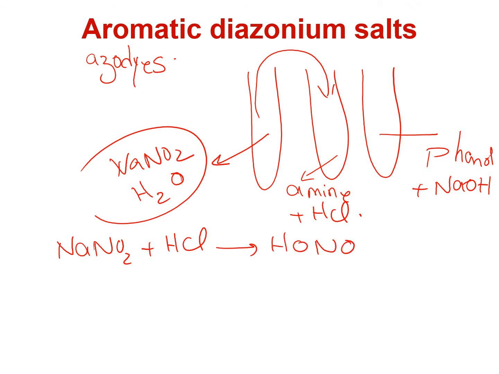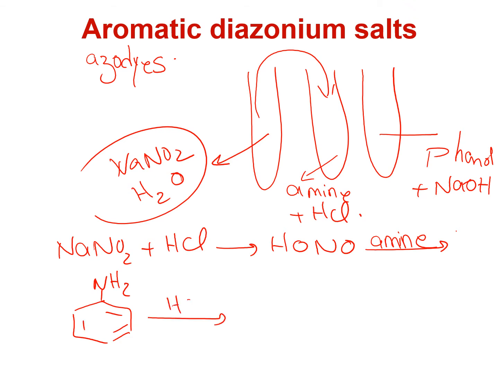Once you prepare the nitrous acid, it reacted immediately with the amine present in the same test tube. It didn't need any further additions. As soon as it is released, it reacts with the amine, the aromatic primary amine, to give you the diazonium salt.